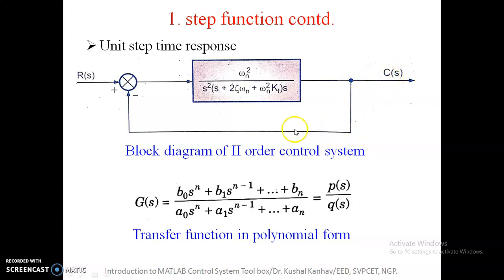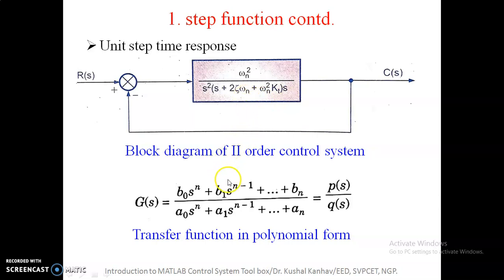This is a unity feedback control system. There is no gain block in the feedback loop, or you can say the gain is 1. This is an example of a tachometer feedback control system. Here kt is the tachometer constant, zeta is the damping ratio, omega is the undamped natural frequency.